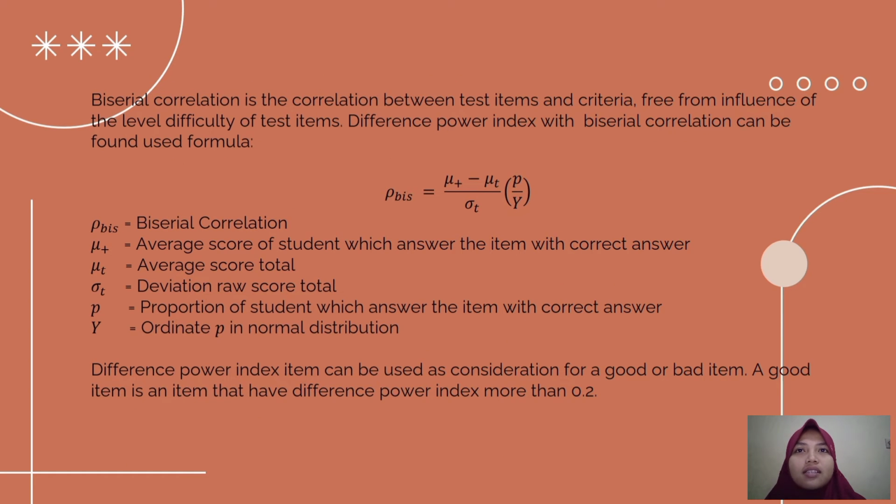Biserial correlation is the correlation between test items and criteria, free from the influence of the level of difficulty of test items.